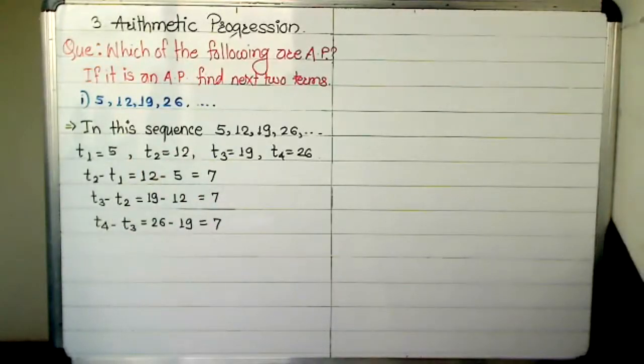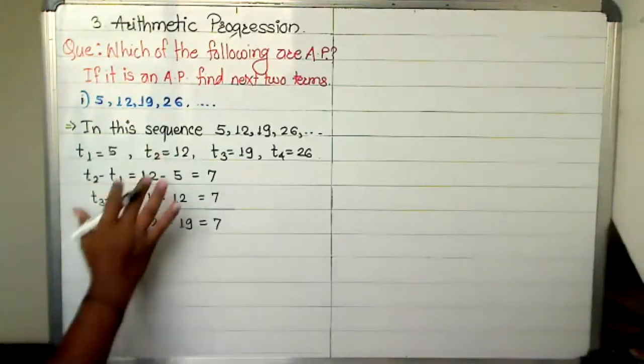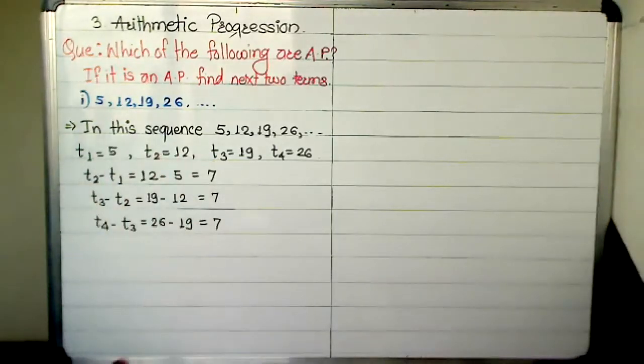So from this, we can say that the given sequence is an AP.